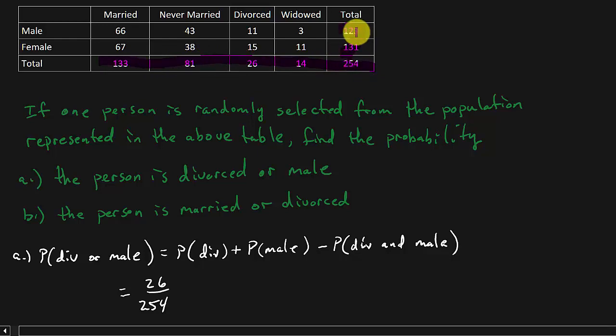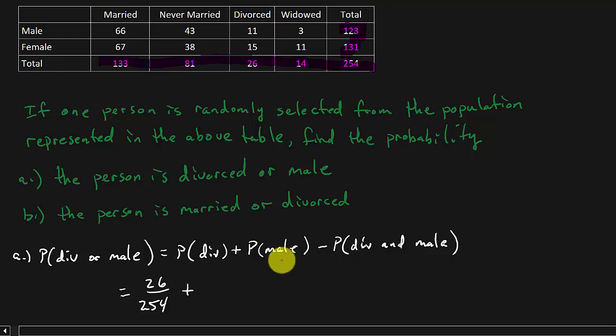The way they get this is they just added these numbers up to get a total, added each of these columns to get these totals, and then if you add this and if you add this, those are both going to add to 254 for the total. So that's how they got that. So if they don't give you a row for the total or a column for the total, you can actually just add them up yourself.